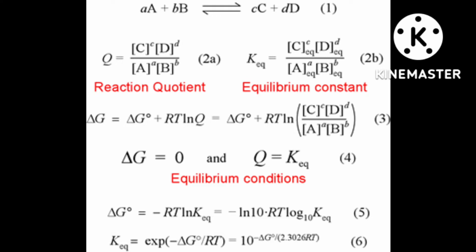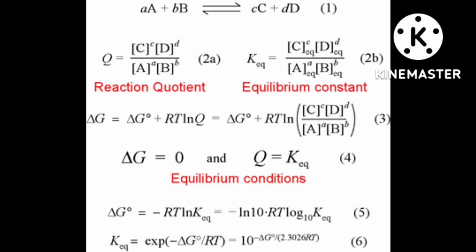Delta G for this reaction, A plus B converting to C plus D, both reversible, at equilibrium should not only be minimum, it should be zero.